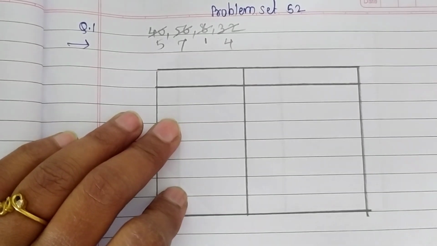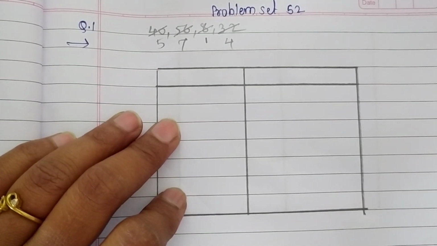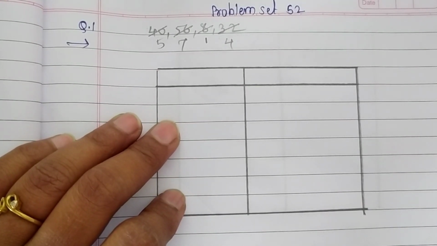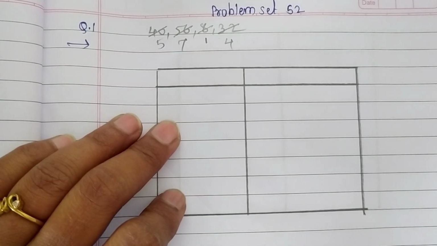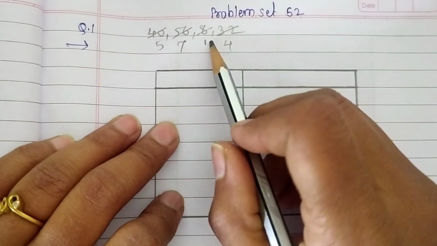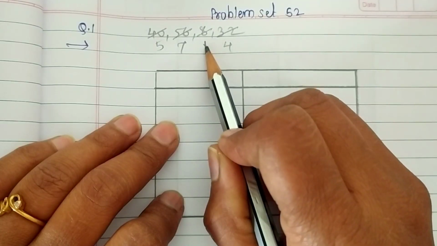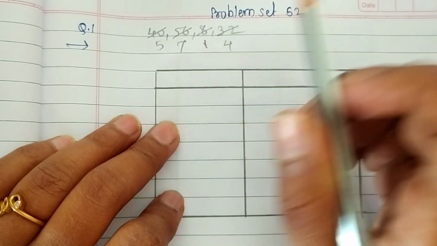So now the next step is to choose an appropriate scale. For the scale we are going to choose 1 picture is equal to 8.